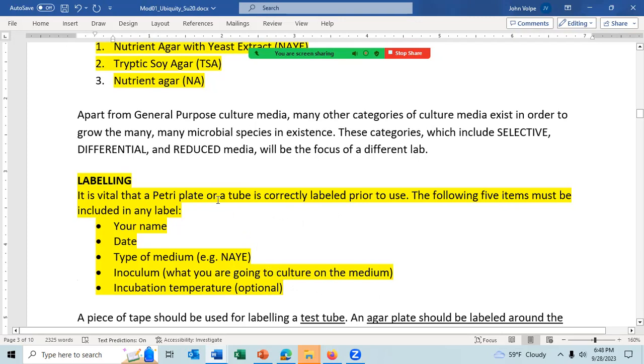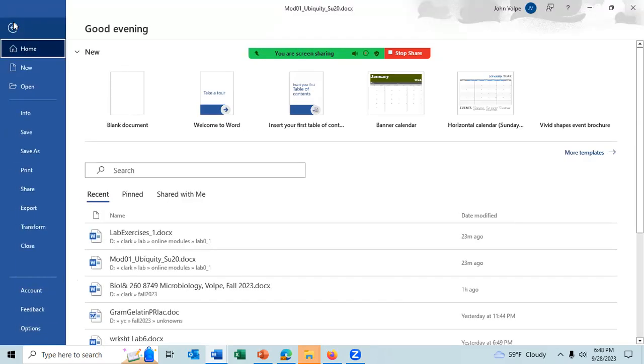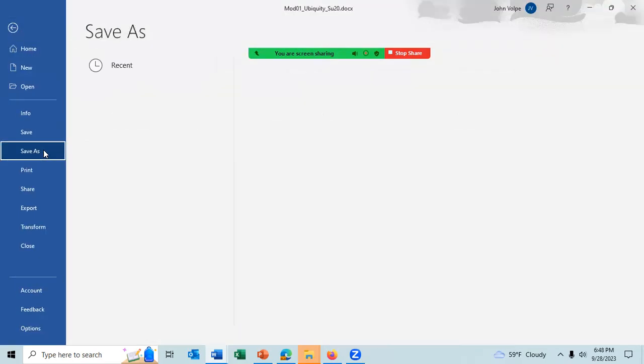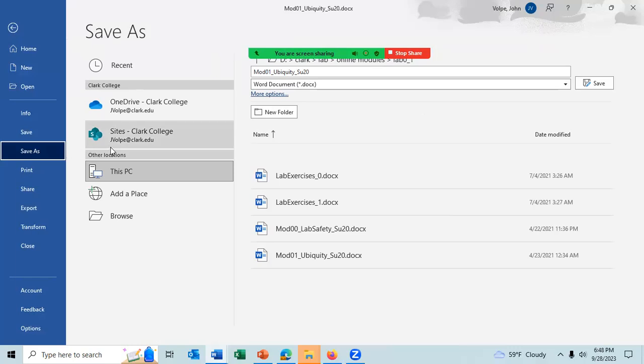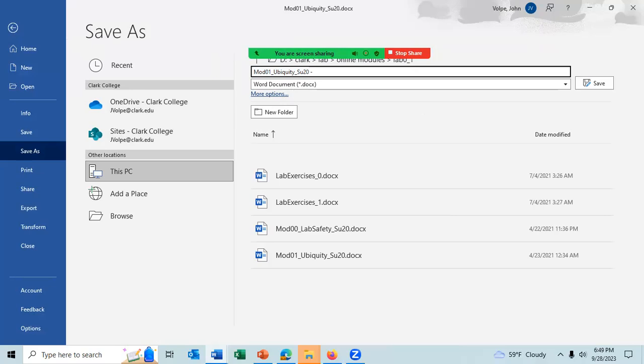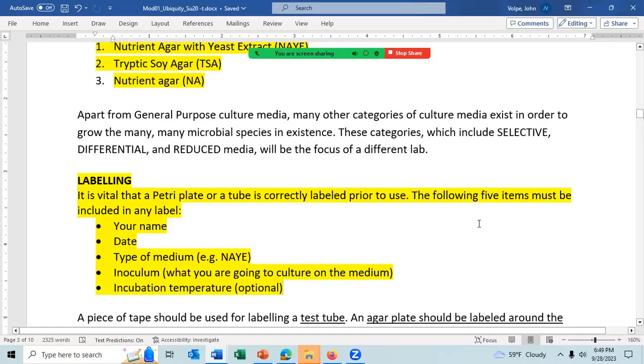Why we write on the bottom of a plate is because if the lid were to get separated from the plate, we want to know where this came from and what it is, whose it is, and what the bacteria are. If it gets separated from the lid, then you don't know what it is, and there's no way to know.